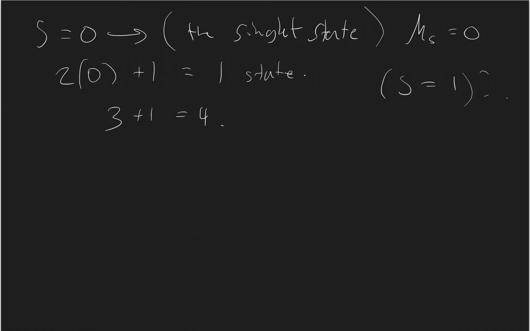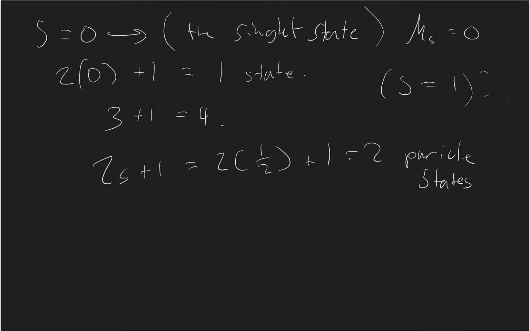This matches the number of states in the uncoupled basis. Think about this. If you have 2s plus 1 in the uncoupled basis, this is 2 times 1/2, plus 1 is equal to 2. This is for each particle, and the possible states for little m sub s in the uncoupled basis would give us plus or minus 1/2.